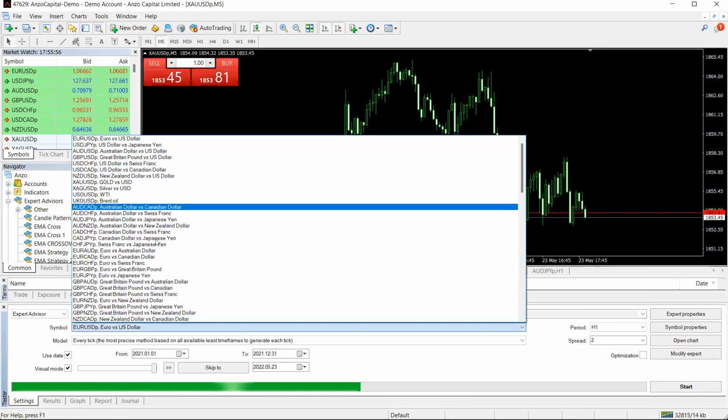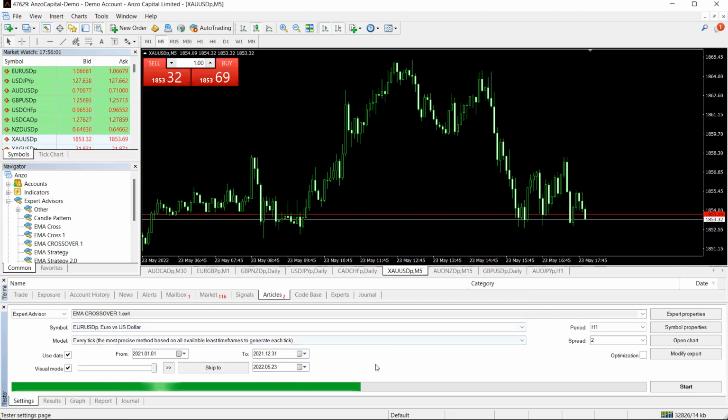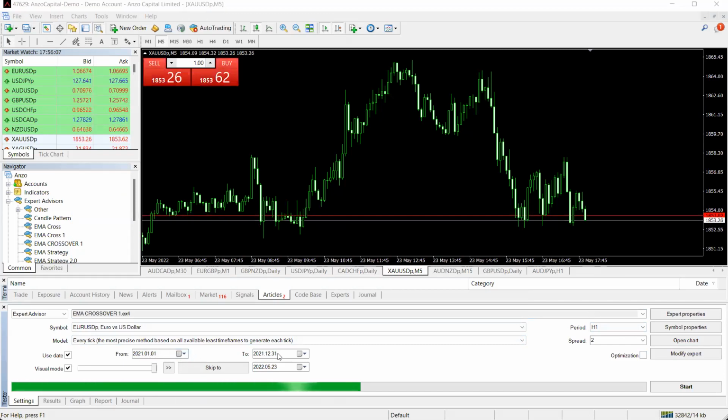You select the symbol. We're going to test this on EUR/USD. And for the time frame, we're going to use 1 hour. We're going to test this from January 1st, 2021 to December 31st, 2021. Now, we'll probably not allow it to run to the end, but you'd see the whole idea.